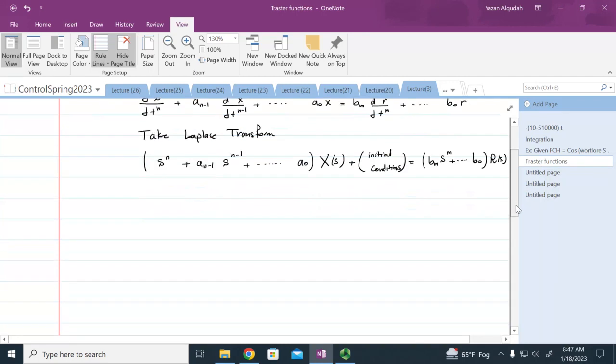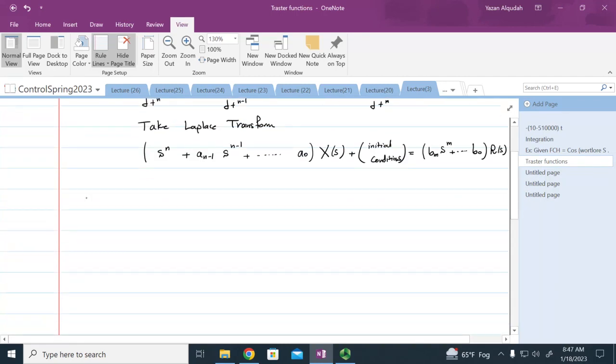Okay. So therefore, I can write this as x of s equal to b_m s to the m plus b_(m-1) s to the m minus 1, all the way to b_0, divided by s to the n plus a_(n-1) s to the n minus 1, all the way to a_0, multiplied by r of s plus initial conditions.